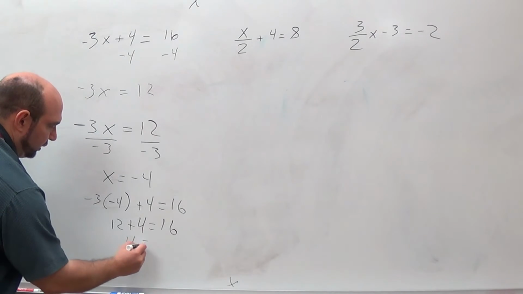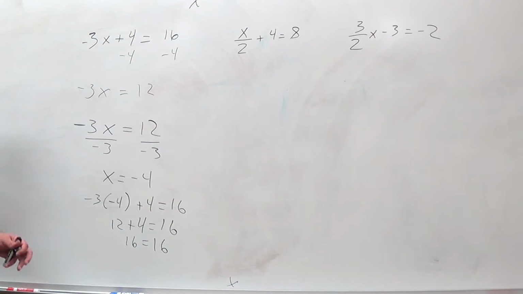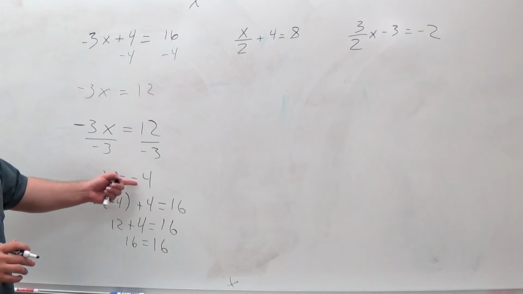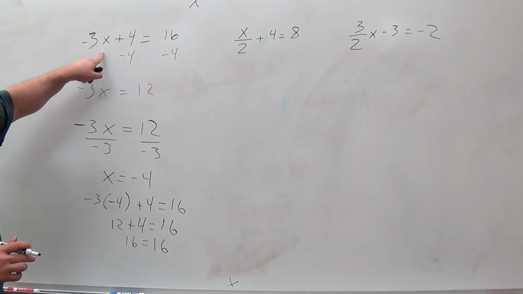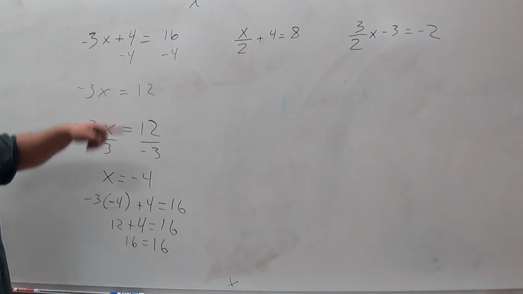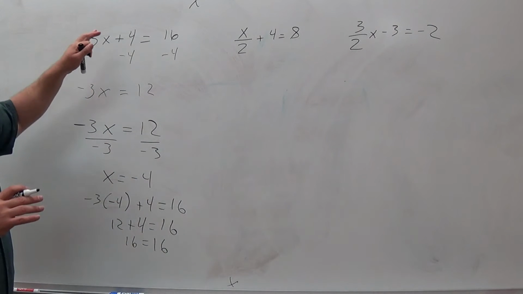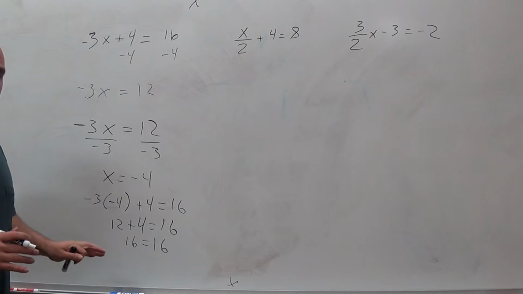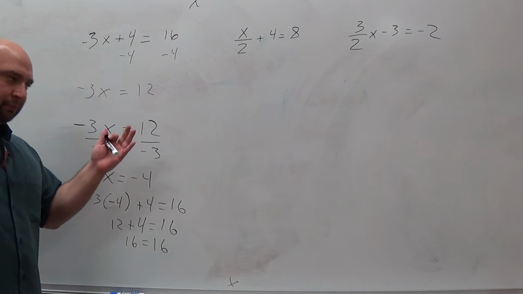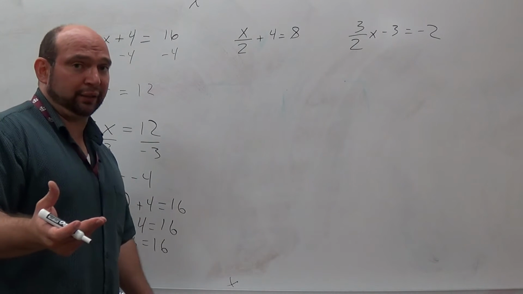Well, 16 is equal to 16. So I know I'm good. So essentially we take what we get here, we plug it back into our original equation, and we see if it's correct or not. If it doesn't work, then I don't even go back and find out where I made my mistake. I just start the problem over, and it's a lot easier for me to find it that way.